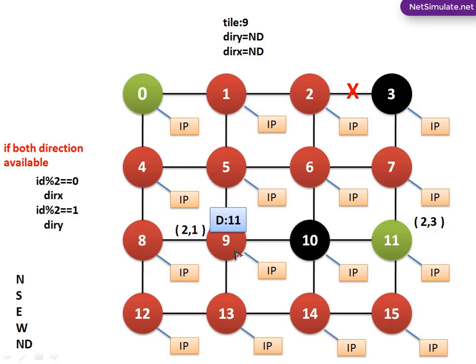Now next thing, on the basis of y coordinate, destination y coordinate is more than current node y coordinate, so direction will be right side east, but next node is failed, so in that case fault tolerant xy routing also set direction x not defined, so here this packet will stuck and this packet will not get delivered to the destination. So this is the loophole in the fault tolerant routing protocol.